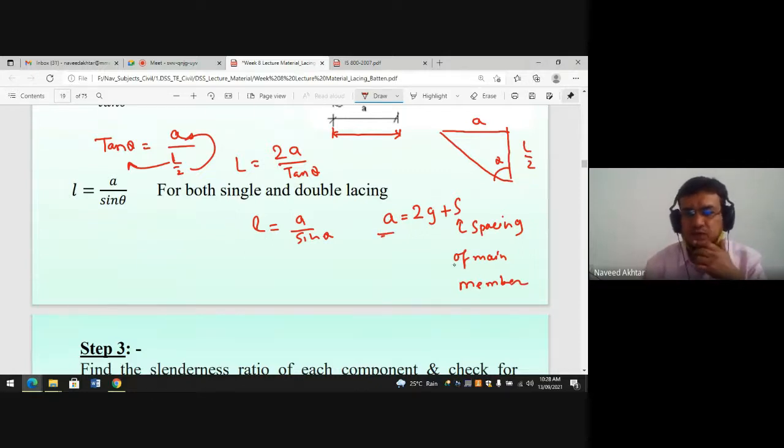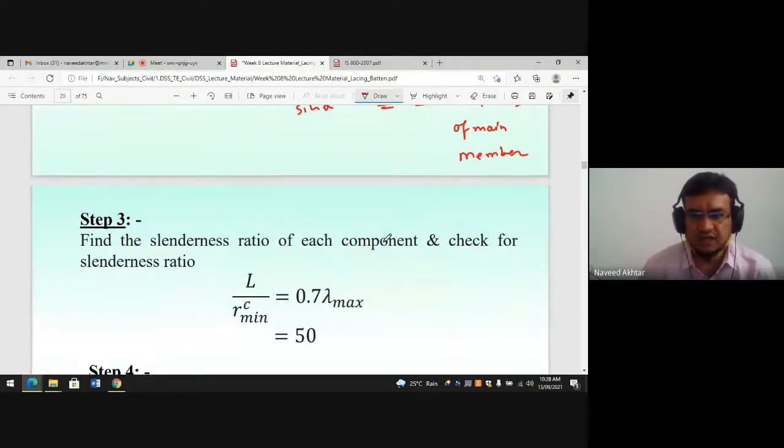All this from the trigonometric equation you can find out, and then the spacing you can calculate. We will see this while calculating.